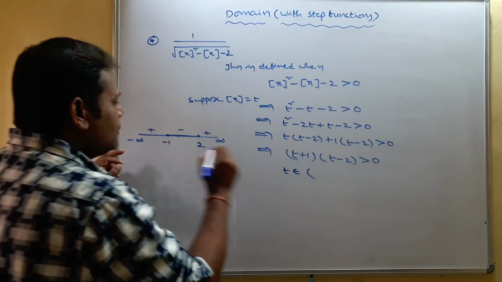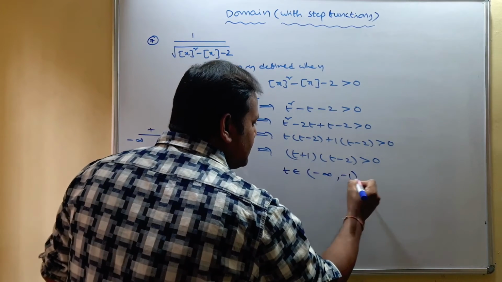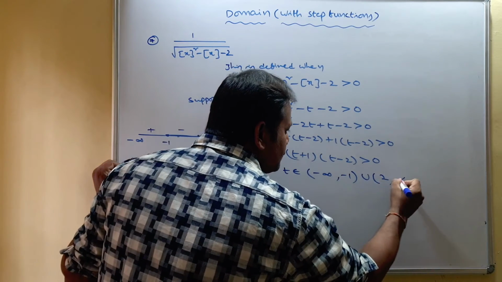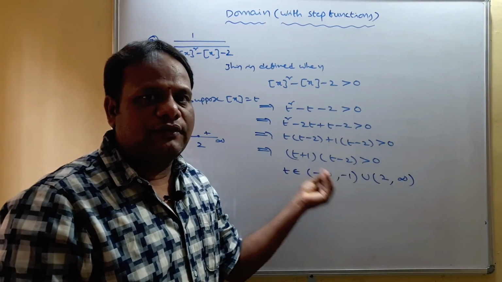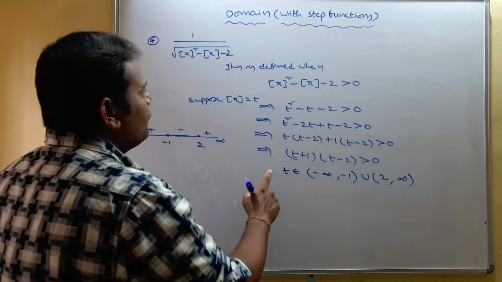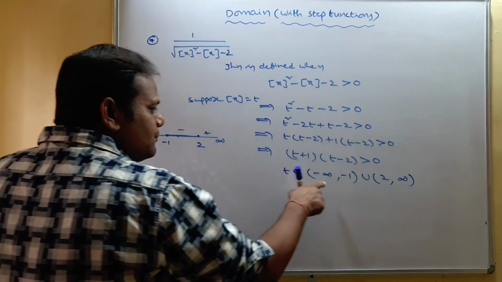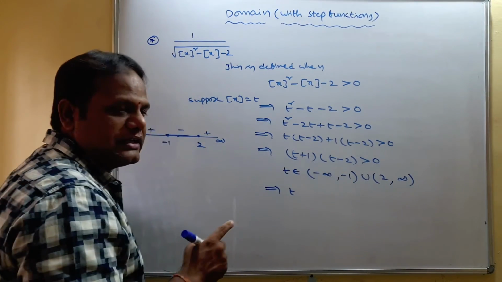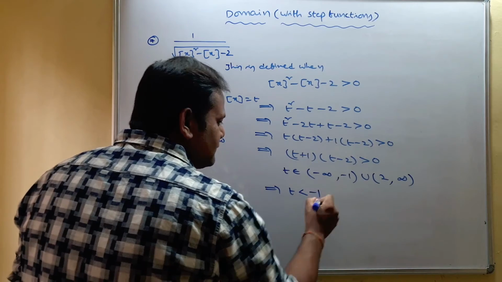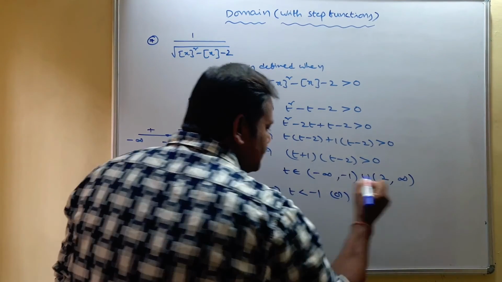So it is the open interval (−∞, −1) union (2, ∞). So these are the values of t, right? But what is t? That is [x]. So this means t < −1 or t > 2.